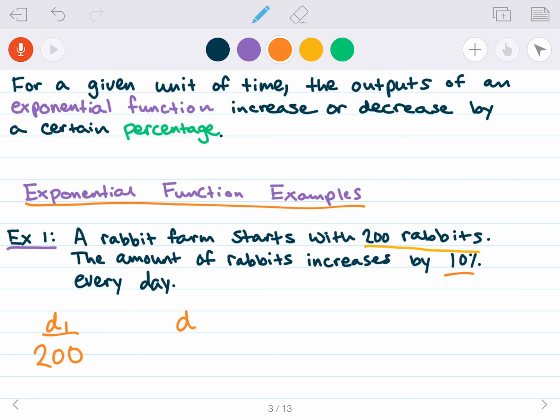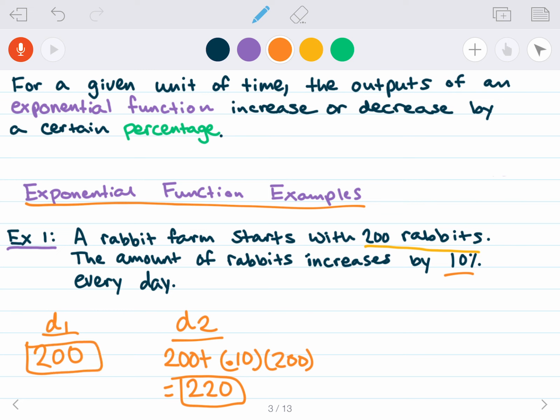On day 2, we're increasing by 10%, so we have 200 plus 0.10 times 200. So this is 220. So 220 rabbits on day 2, 200 on day 1.